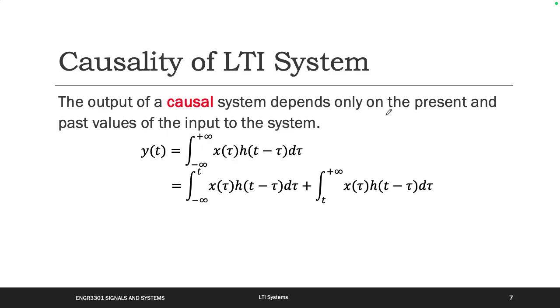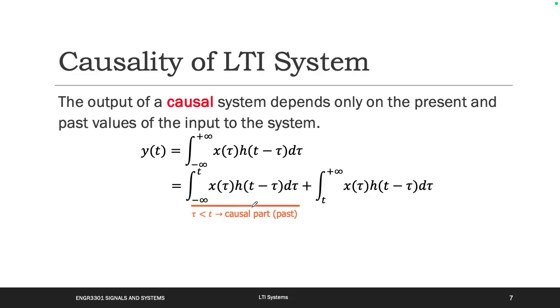Let's observe. When we discuss the properties of the system, you only focus on the input signals and the output signals. Other things you don't need to mind. For this equation, x(tau) is the input signal.